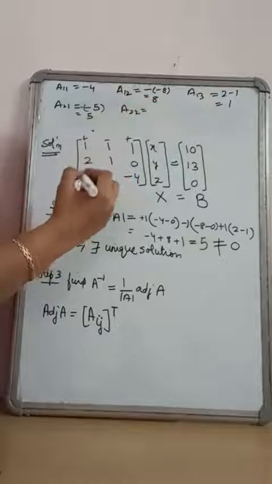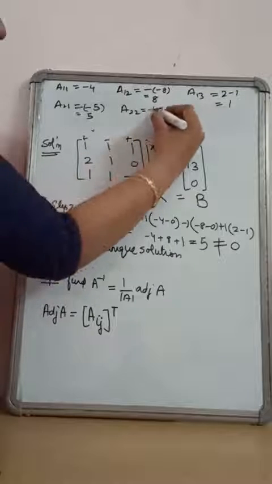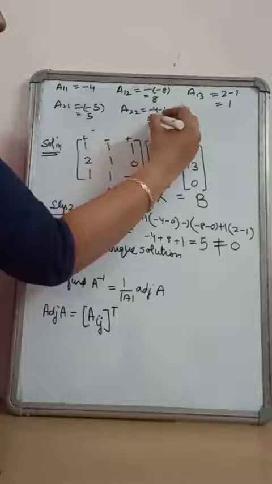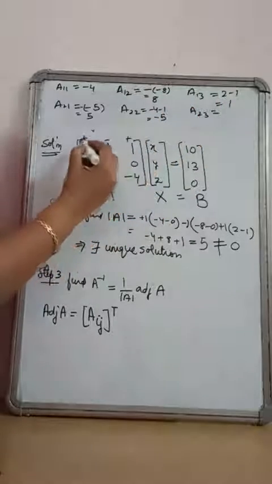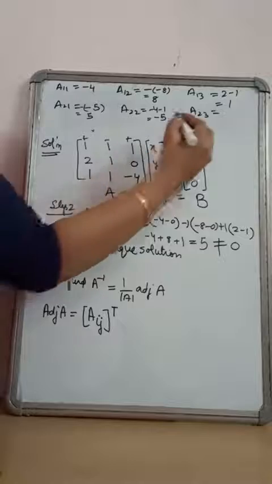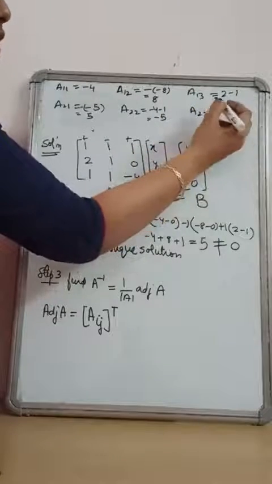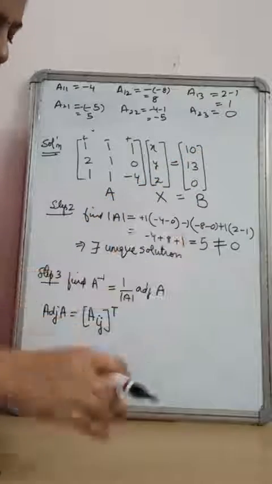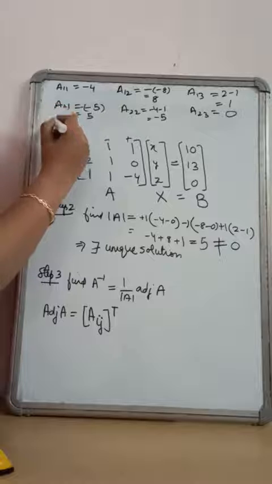A22, again A22 will be second row, second column, minus 4, minus 1. It is already even, so it will remain same. A23, A23 is second row, third column, 1 minus 1. That goes to 0. But since it is odd, the sign will change. But in case of 0, there is no sign considered, neither plus nor negative. So we leave it as it is. Now next is, you will find A31.